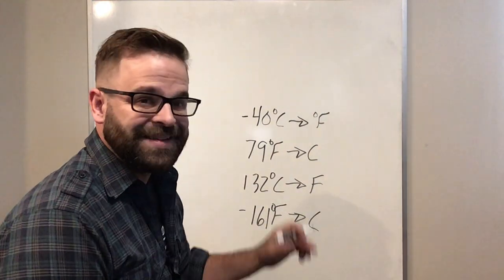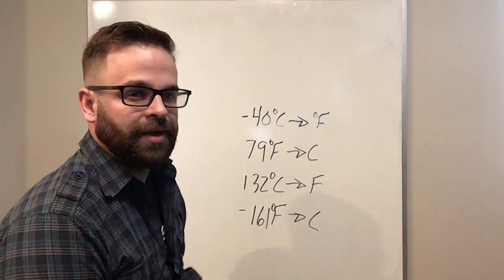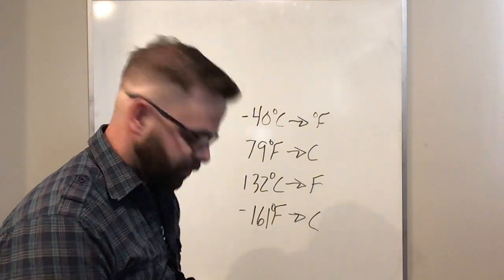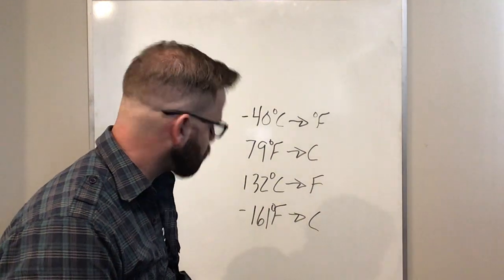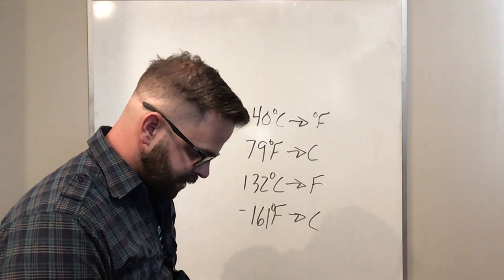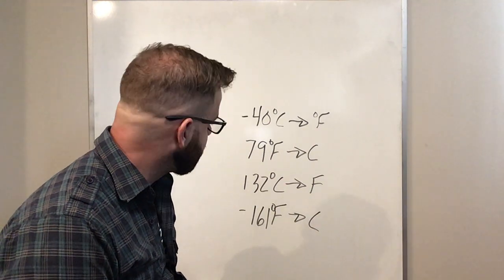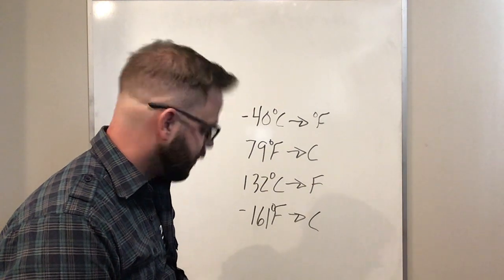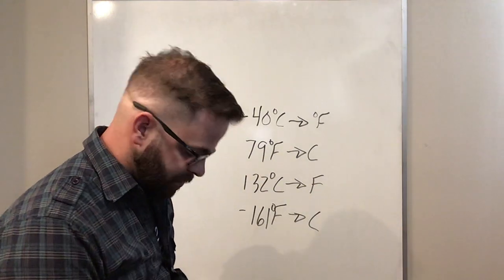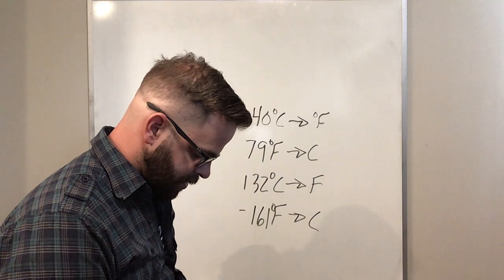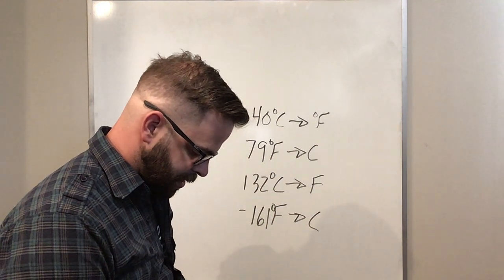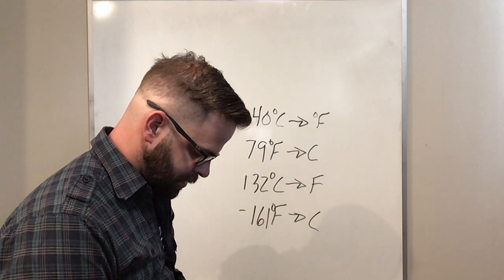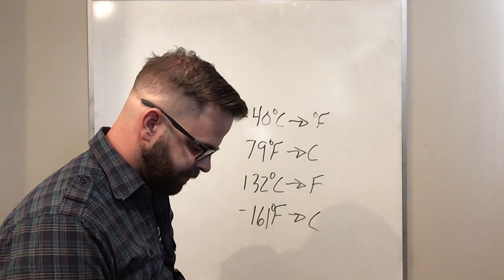So for the first one, I said they are the same value, so negative 40 degrees Celsius should be negative 40 degrees Fahrenheit. So I'm going to put that in. With our formula, we're getting a larger number, so we take our negative 40 and we multiply it by 9/5.